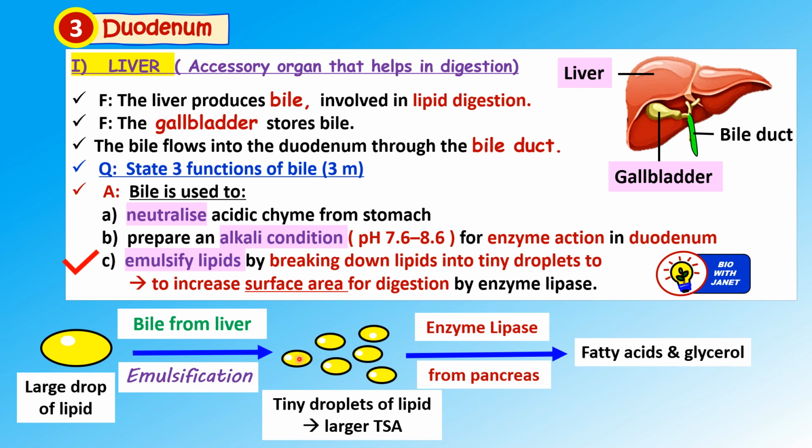The total surface area of the small drops is larger than that of one big drop. After that, the enzyme lipase can act efficiently on the surface of these drops of lipid to break down the lipids to form fatty acids and glycerol. Now where does the enzyme lipase come from? It comes from the pancreatic juice, whereas bile is from the liver.